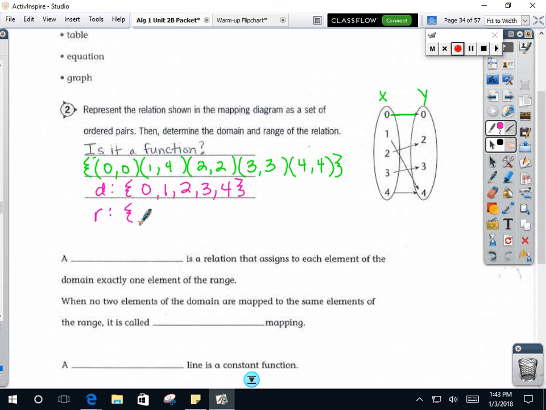And then what's the range? 0, 2, 3, 4. Because remember, you don't have to list repeaters, and you write them in order from least to greatest. Writing the domain and range when you're given a mapping diagram is very easy, because in a mapping diagram, they're already in order, and you only list it once. So this is basically the domain and range already written out for you in the mapping diagram.